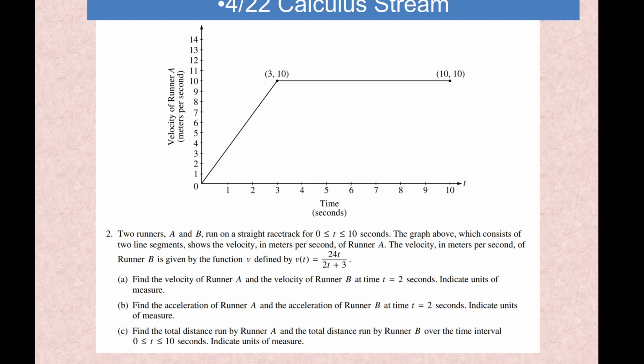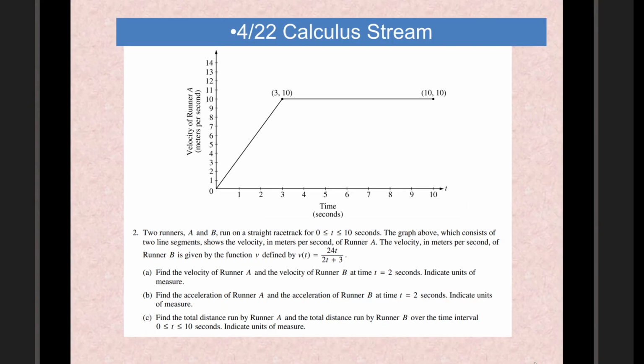Wait, math question first. Okay, so for runner A, everything is gravy.